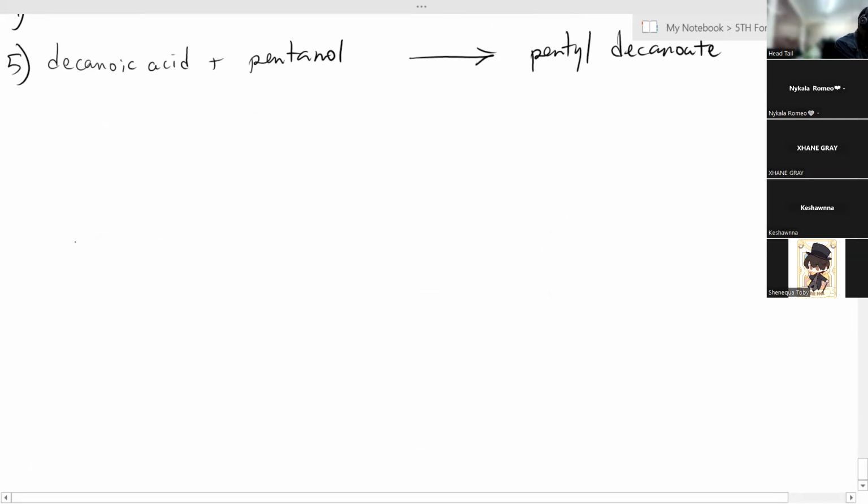In drawing the first one, which is ethanoic acid, we have carbon bonded to a carbon. This carbon here is double bonded to an O, single bonded to an OH. You have hydrogens connected here. I'm going to draw them in different colors. Let me put this in red to represent the acid.